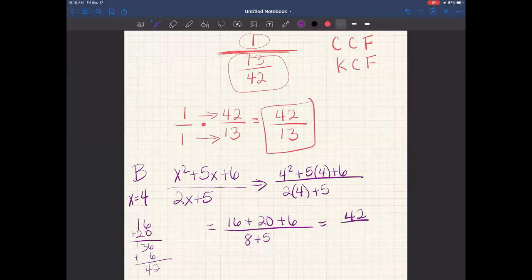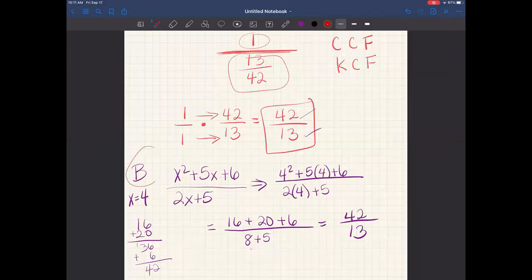So far I'm off to a good start. Check. 8 plus 5? 13. Check. The last thing to look at, does my question say select all that apply? No. So my answer is B.